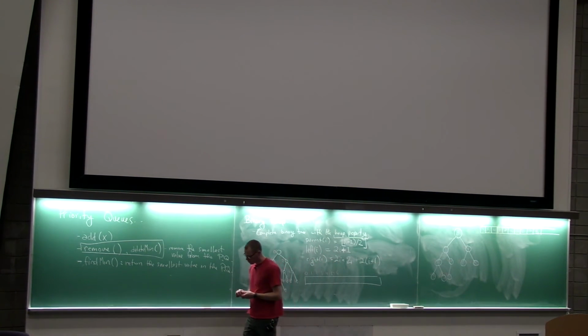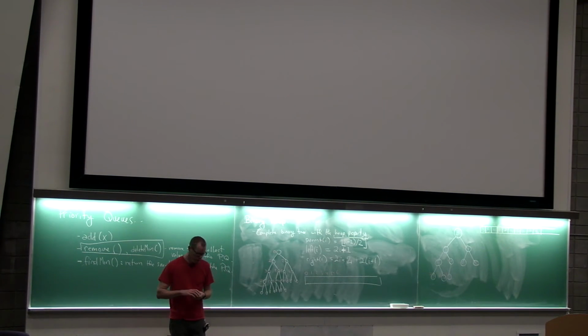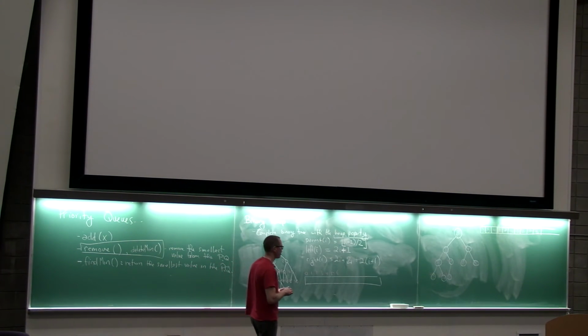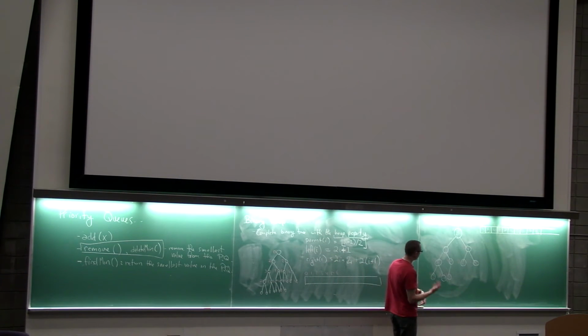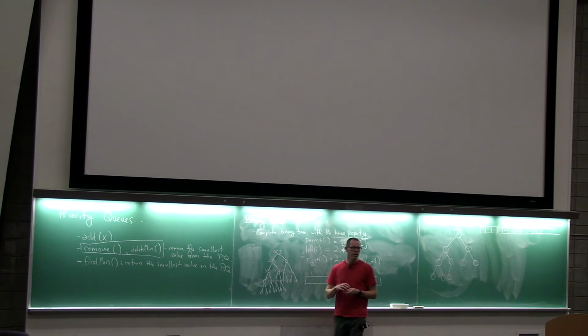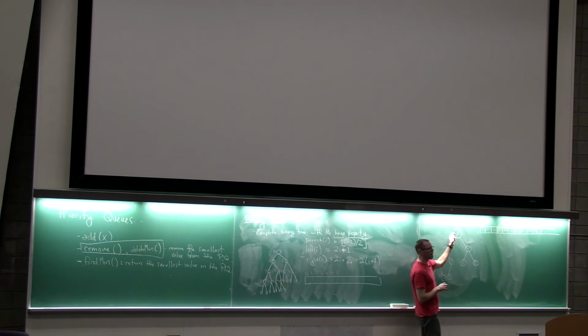And you see that there's a lot of flexibility here, right? So these things are not like binary search trees where if I drew the tree and told you the values, there'd be only one way to put those values in. Here there's lots of ways. Like, you know the smallest value is at the root, but the second smallest value could be in the left or the right child.